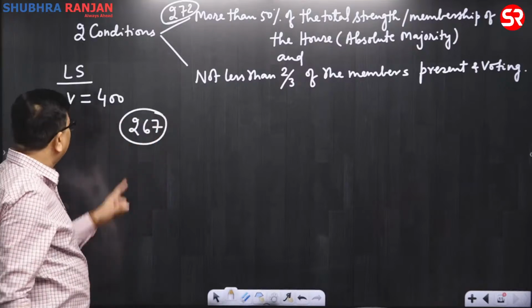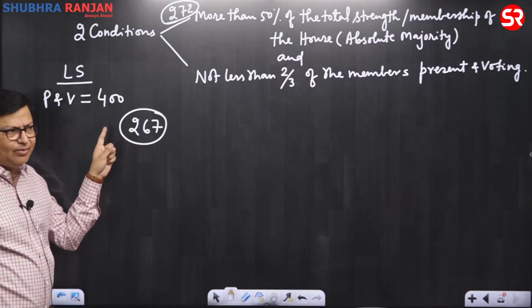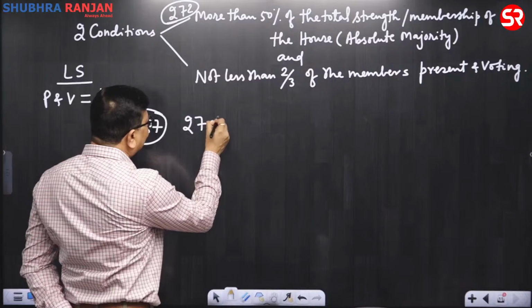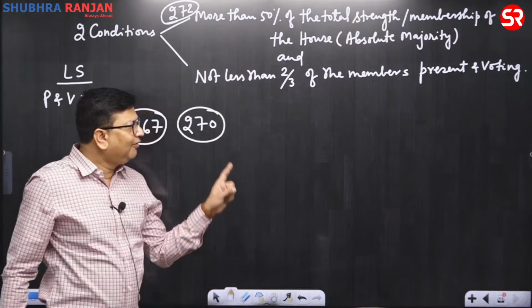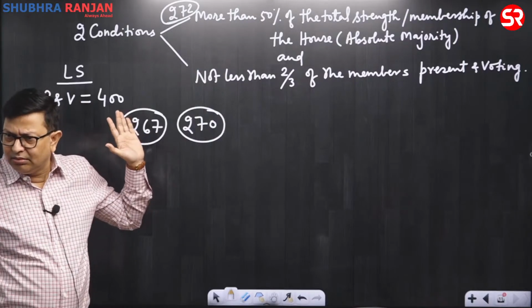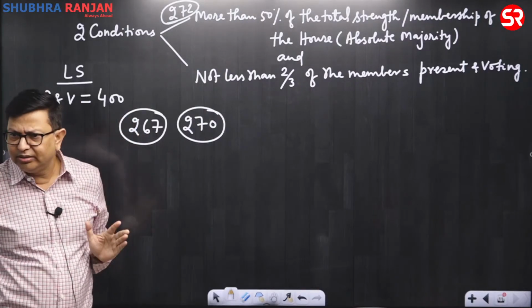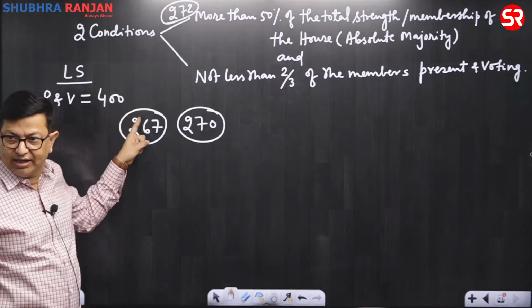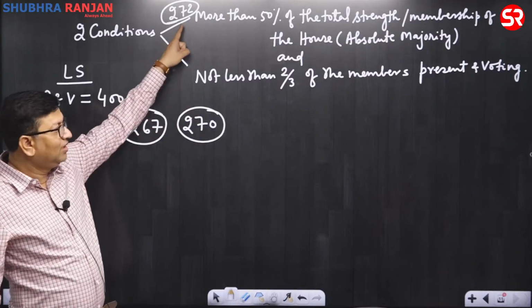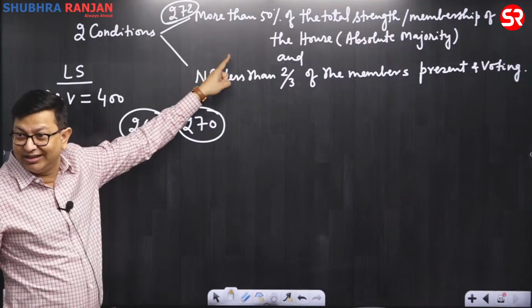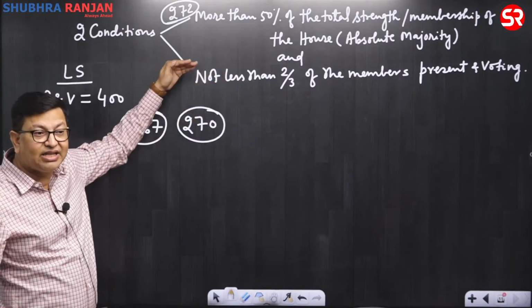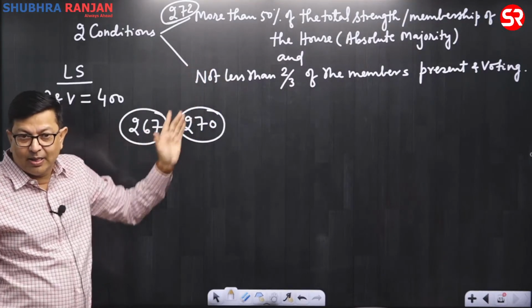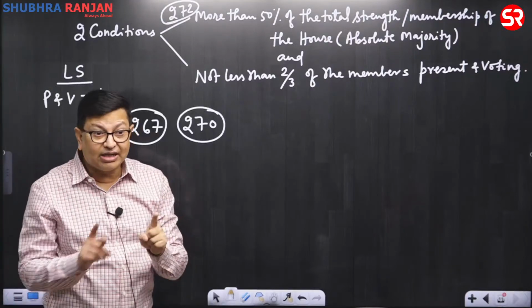Now suppose out of 400 members who are present as well as voting, 270 members are voting in favor of the bill. Will the bill be passed or not? No. No doubt 270 is the 2/3 of 400, or more than that, but this majority is not there. So both the conditions have to be fulfilled here. It is not that only one condition will do. So this bill will not be passed because the conditions are not there.